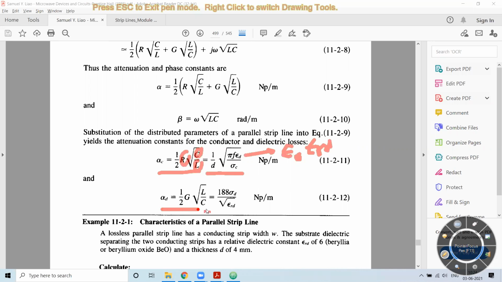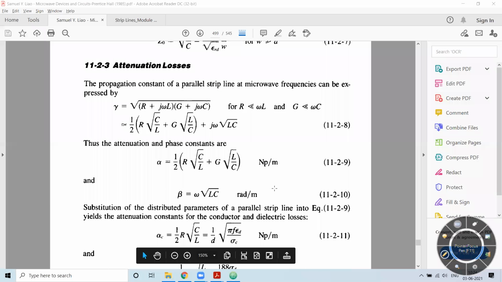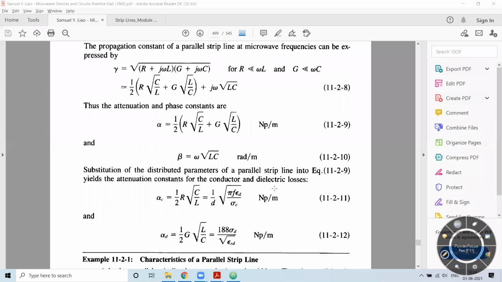And alpha d is given by the next parameter, half into G square root of L by C. Again, substitute L, C, G values, and you will be getting 188 sigma d divided by square root of epsilon rd. So these are the equations we get for parallel strip lines.